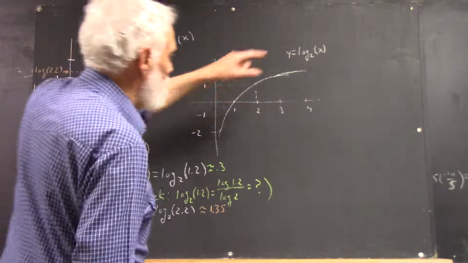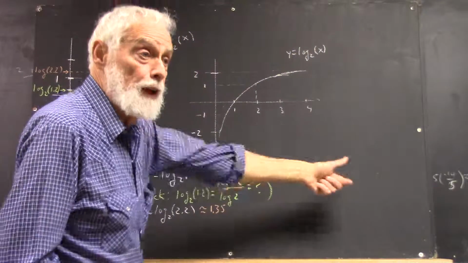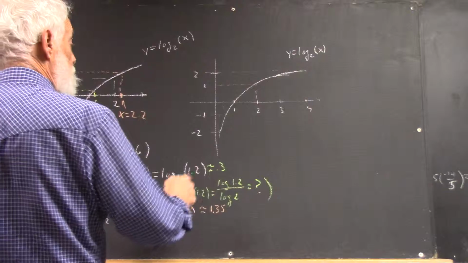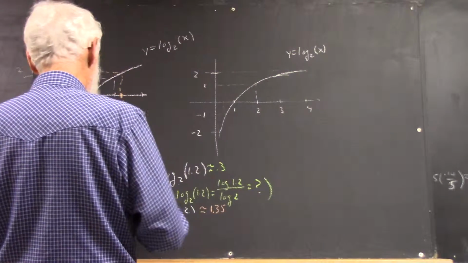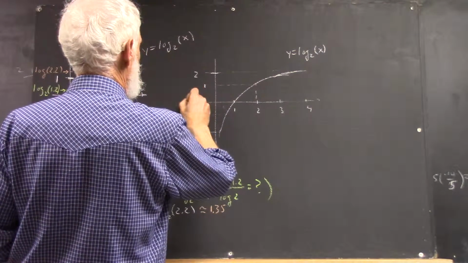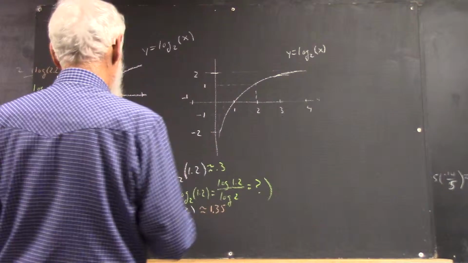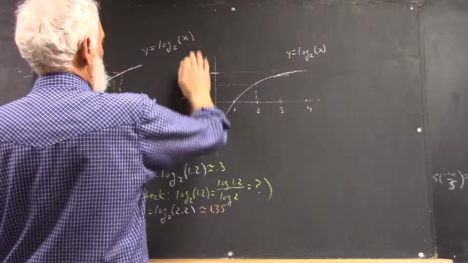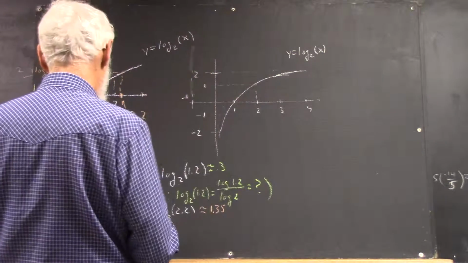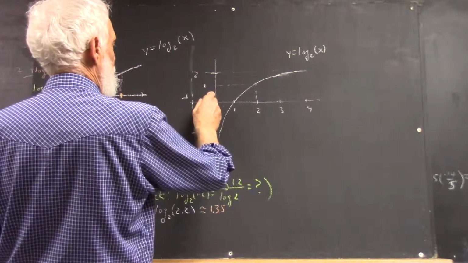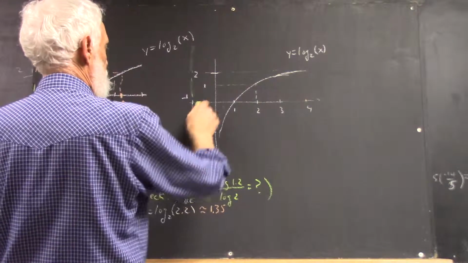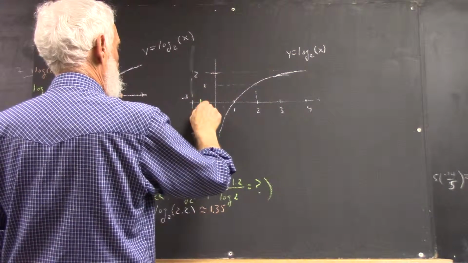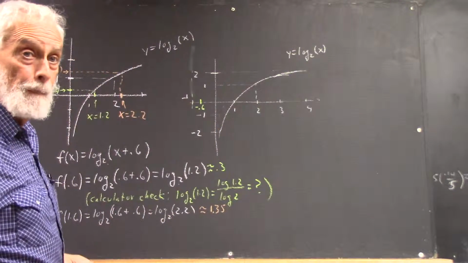To get the graph of log 2 of x plus 0.6, I have to shift 0.6 units to the left. So I do that. First of all, let's see, -1 then would be like here. So 0.6 would be about here.